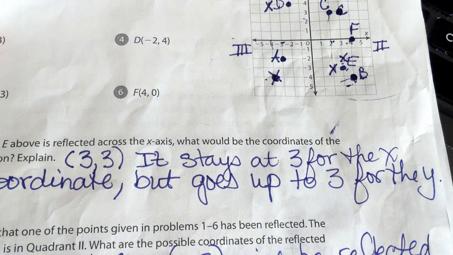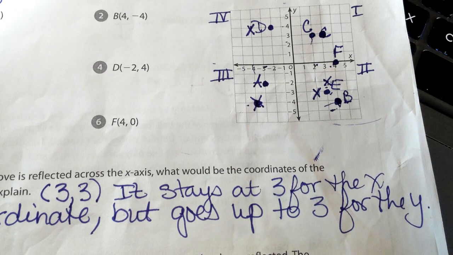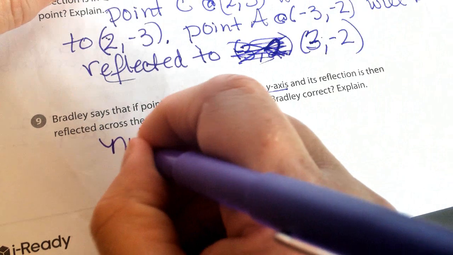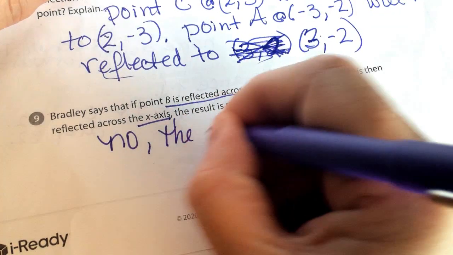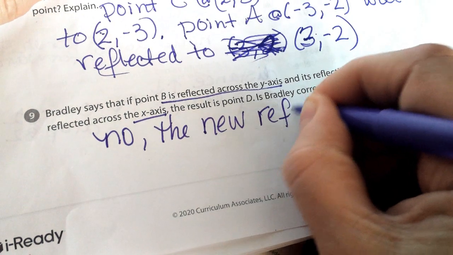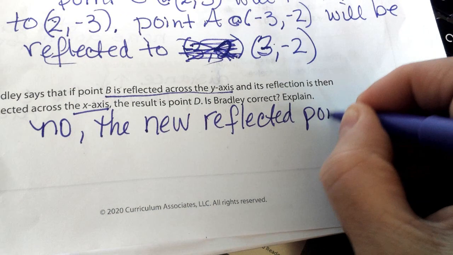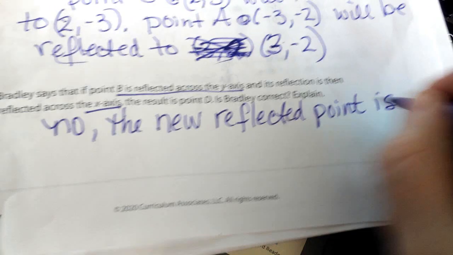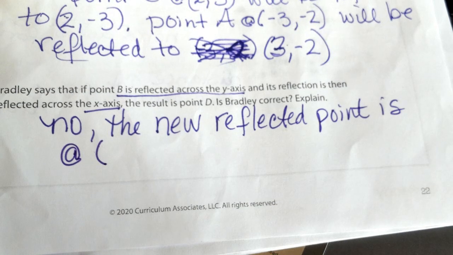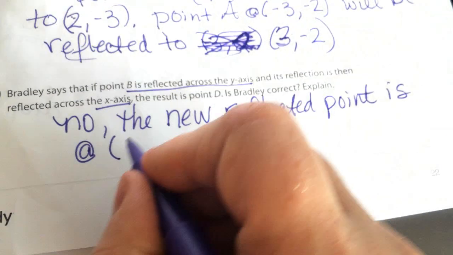So no, it's not at point D. It's close, but it's not the same, is it? So no, the new reflected point is at -4, 4.